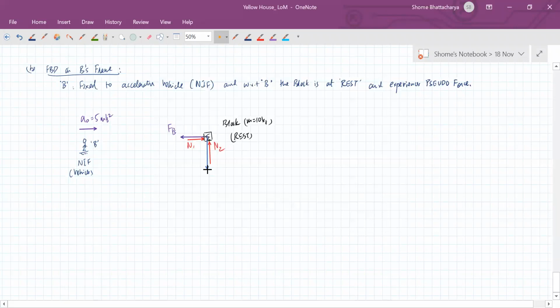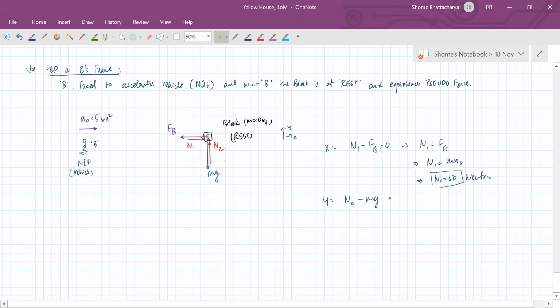And this normal reaction N2 is because of gravity pulling the block down, whereas the block itself is at rest. So along the x-axis, N1 is balancing the pseudo force. Net force is zero. And along the y-axis, N2 is balancing weight.